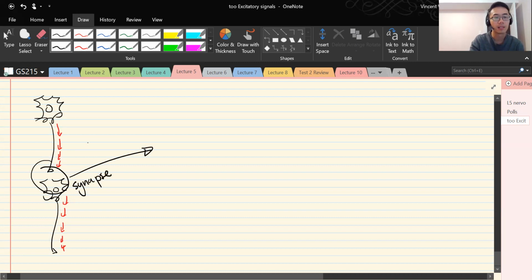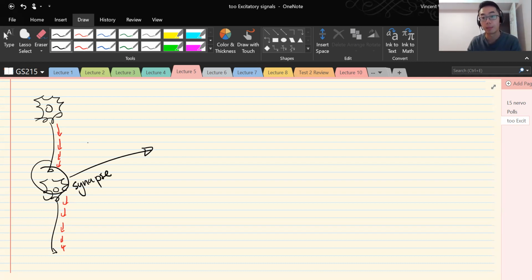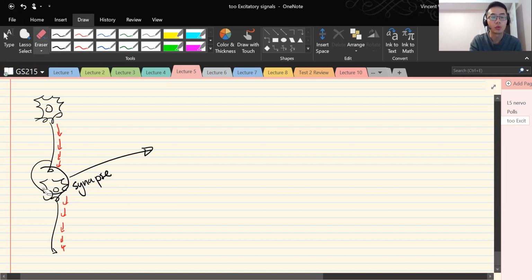So this is a neuronal synapse. There are other types of synapse, like between a neuron and a muscle, for example, but we're going to focus on the neuronal synapse. So this here, the cell that is carrying the signal, we call that the presynaptic cell.